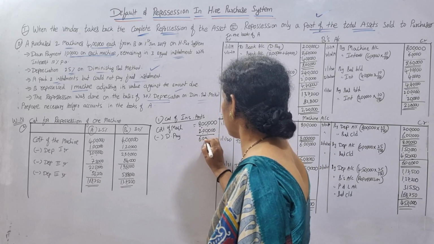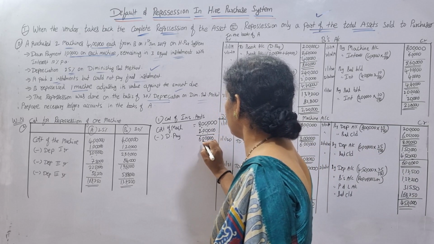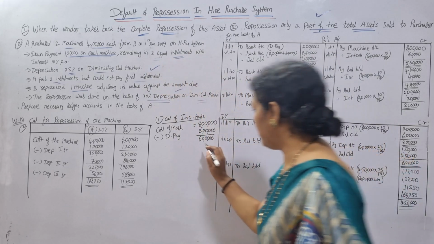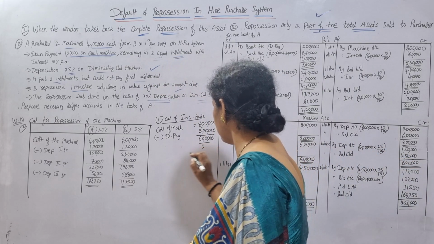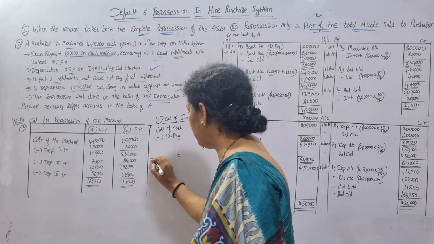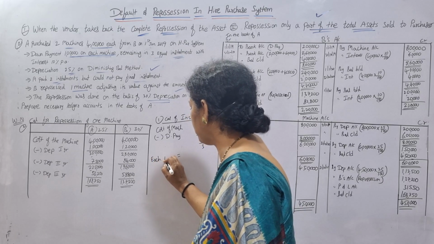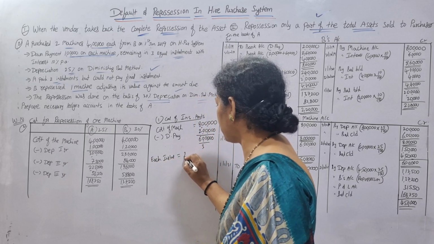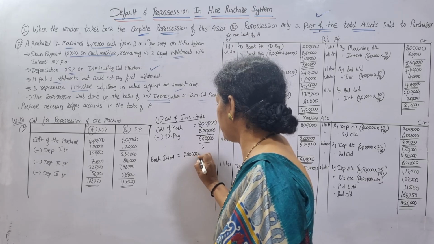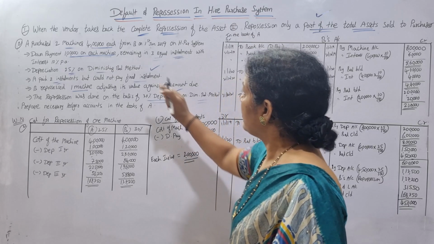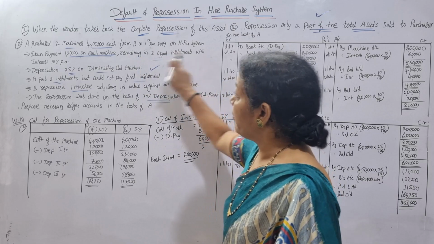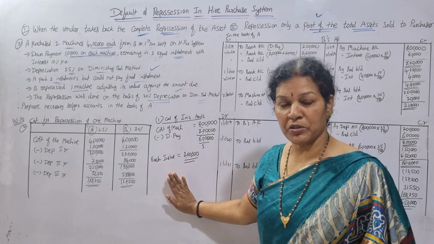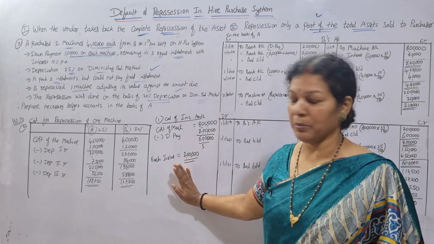It comes to 6 lakh. This remaining amount in 3 equal installments, divided by 3, comes to 2 lakh for each installment, with interest of 10% per annum. So the first working note is calculation of installment amount.